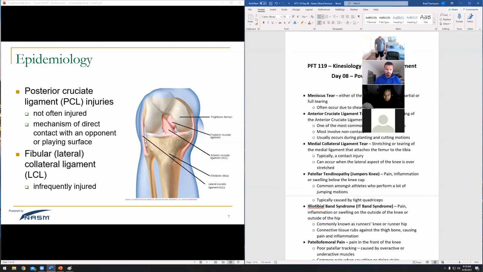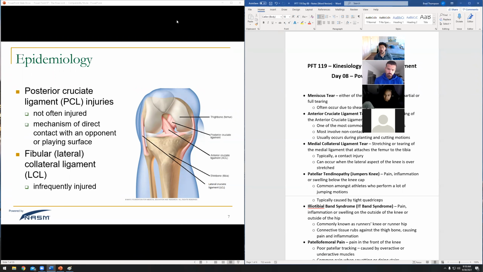And then also, I would have to have somebody smack me from the inner thigh this way and overstretch it, and if I'm going to get smacked like that, my other leg would be in the way. If I get tackled from the side, it's this leg that's going to get injured, which ends up protecting this one. So we don't really see either of these two that often.